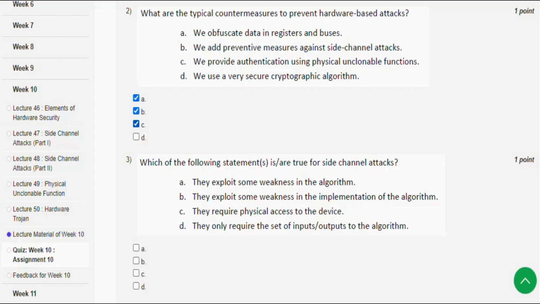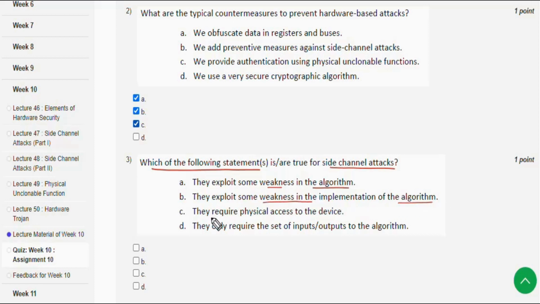Now question number 3. Which of the following statements is true for side channel attacks? The options are: A, they exploit some weakness in the algorithm. Option B, they exploit some weakness in the implementation of the algorithm.